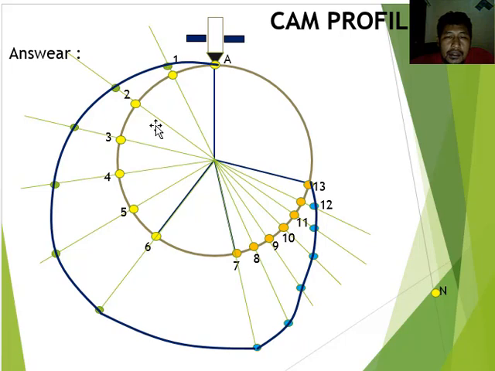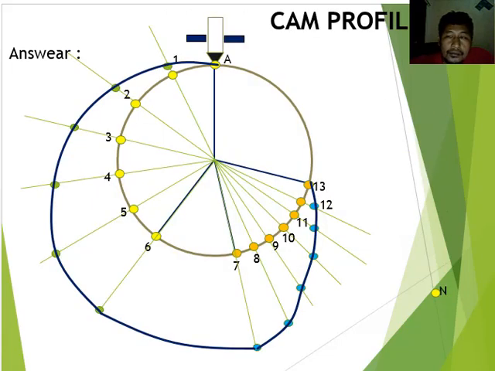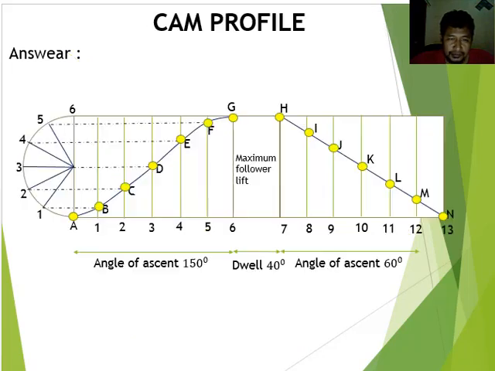Divide it into X parts, same as the follower displacement. After that, you draw this line, the S point projection from the displacement of the follower.